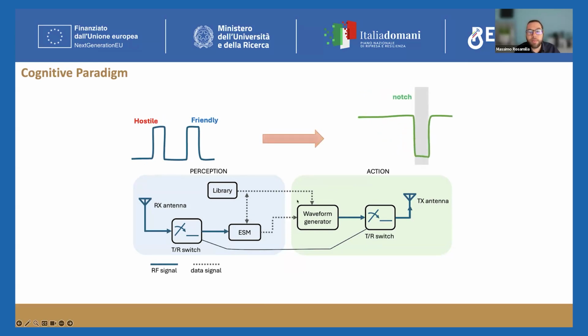Finally, if at the perception stage we recognize the presence of both hostile and friendly emitters, then at the action stage we synthesize a waveform with notches only where the friendly emitters are operating. In this way, we are actually able to perform jamming on the hostile infrastructure while not interfering with the friendly communication or radar emitters.